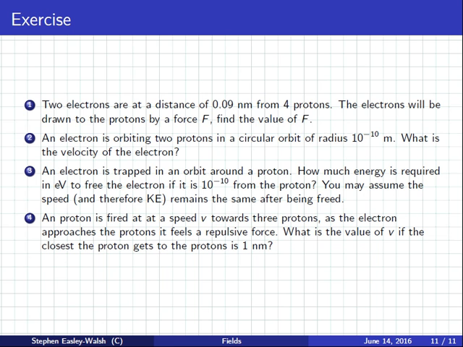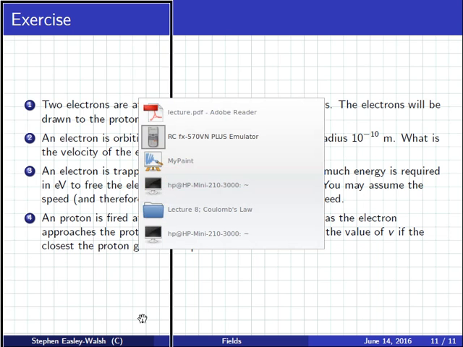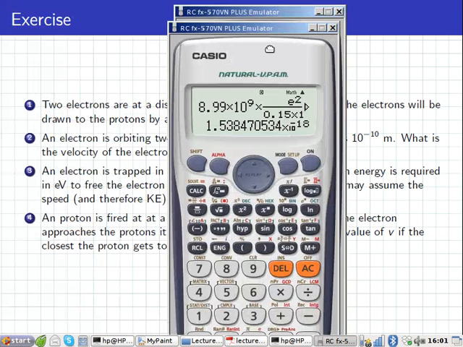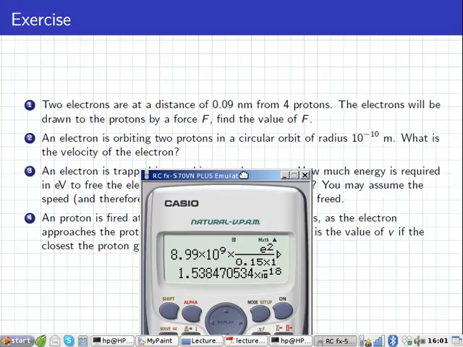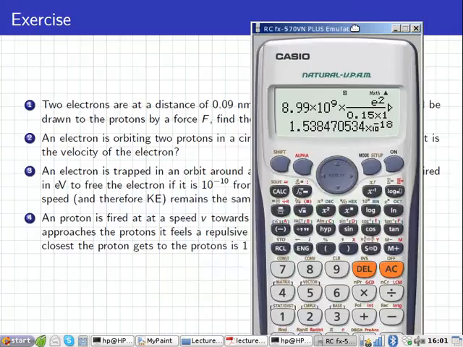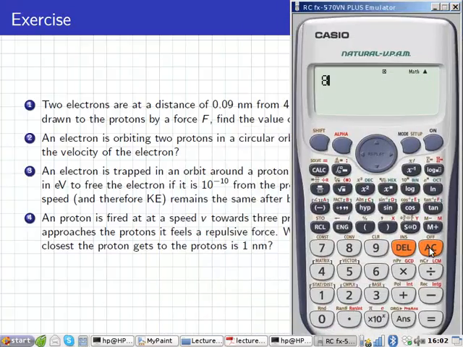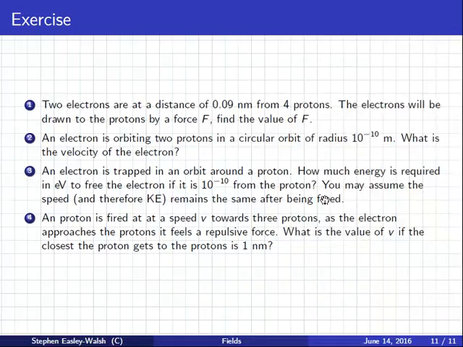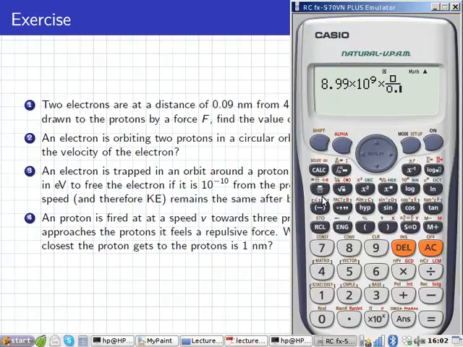So the first one, I think I can just have my calculator open. It's 2 electrons and 4 protons. What's the force? Okay, so the formula is 8.99 times 10 to the power of 9 times fraction. And the distance, what was the distance? 0.09 nano.